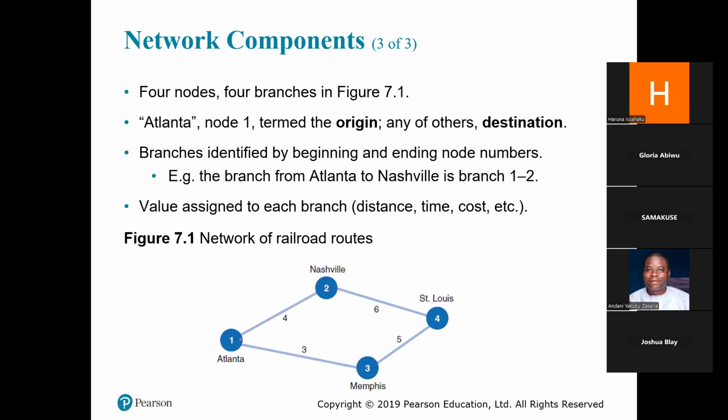So how to move from Atlanta to Nashville, from Nashville to St. Louis, from Atlanta to Memphis, and from Memphis to St. Louis. Okay? So these are the components of a network diagram. Okay.